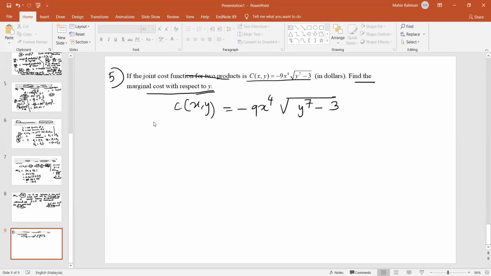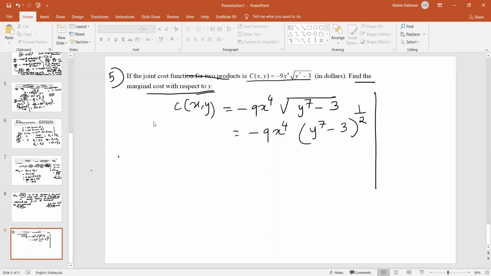You just make it simple first, like (y^7 minus 3) to the power half. When you do the differentiation, which rule do you have to follow? Let me show you.